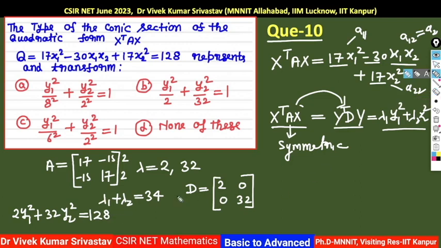Now see, this is basically 2 y1 square plus 32 y2 square is equal to 128. So you divide it.